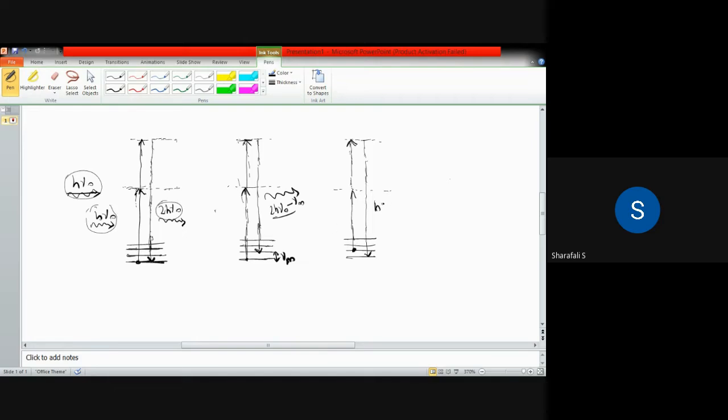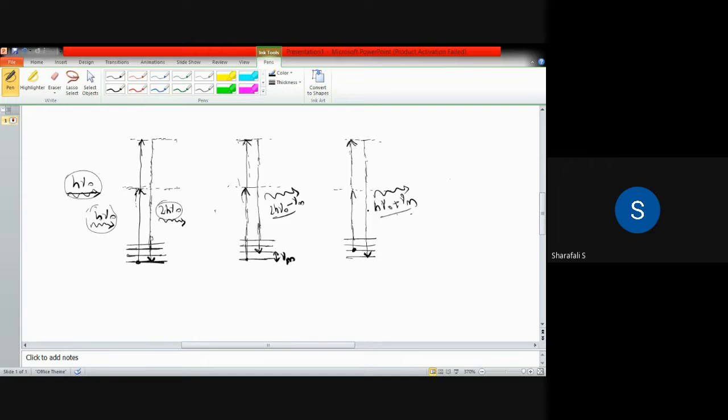So it will give you 2 h nu 0 plus mu as the output frequency, because it is reaching the ground state. So at the output we will have a radiation of 2 h nu 0 plus mu.